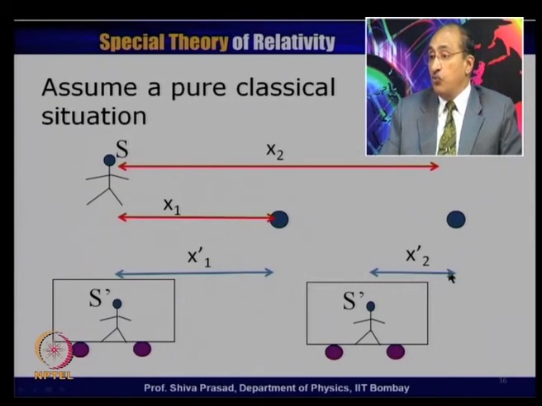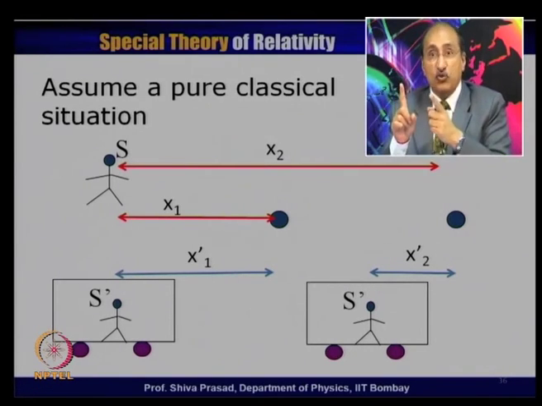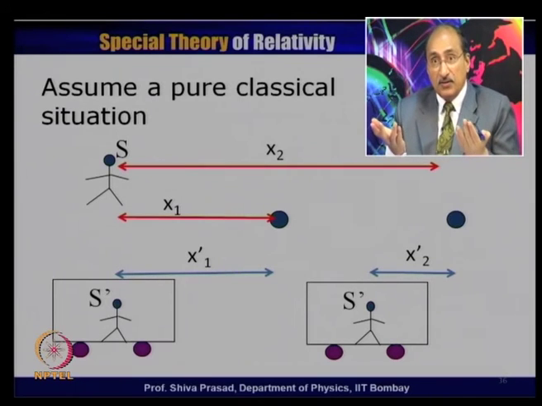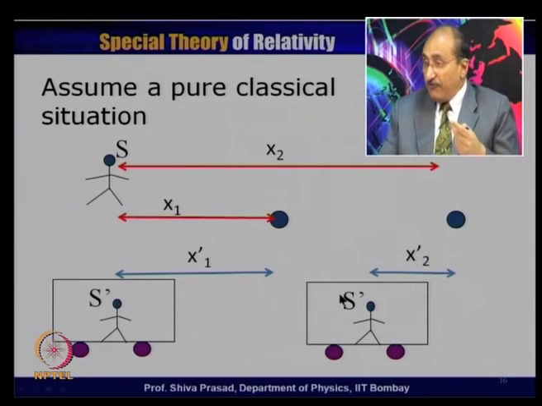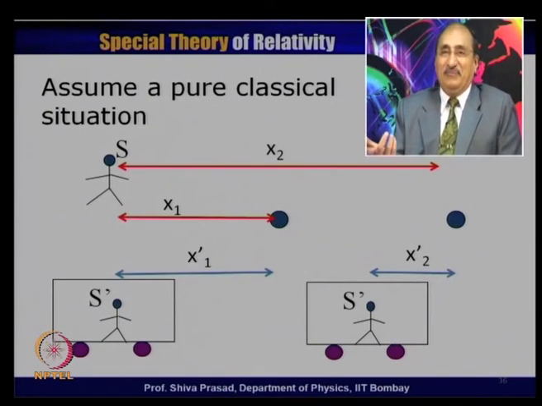So, obviously, x2 prime is smaller than x1 prime. It depends on the speed and the time difference between these two events. But it is always possible that he finds that this particular event occurs closer to him than when the first event occurred. So, according to the observer S prime, delta x has changed sign.